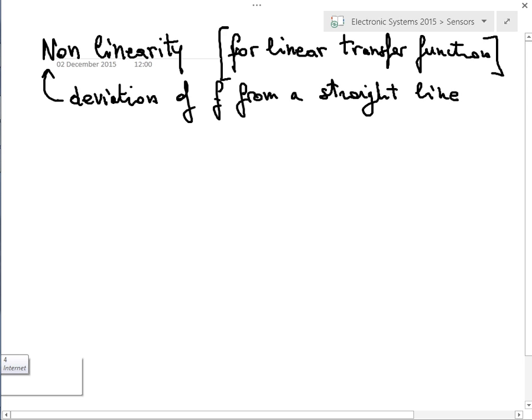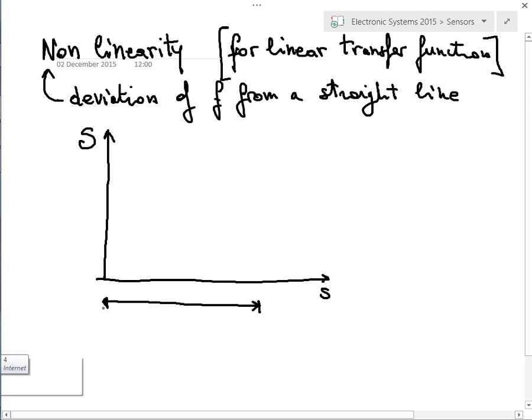It's an easy definition, but of course the situation is much more subtle because there are different ways of defining these deviations. Let us look at a few of them, and we need to also take into account that there is no standard. So let's assume this is the span. Okay, I'm using generic expressions for the stimulus and the electric signal.